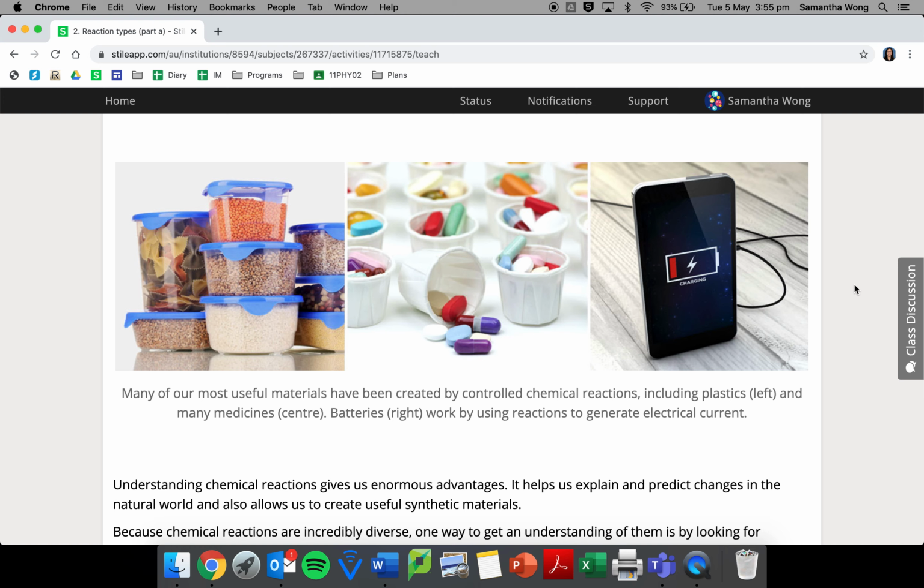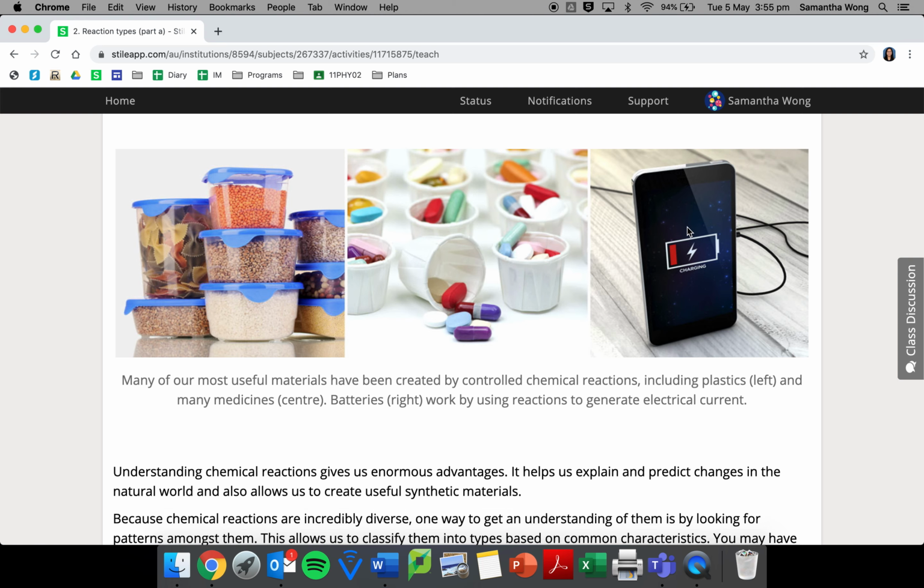Just below it, there are a few images where the caption tells us that many of our most useful materials have been created by controlled chemical reactions, including plastics for our containers, medicines, shown in the center, or even the batteries that power all of our devices.